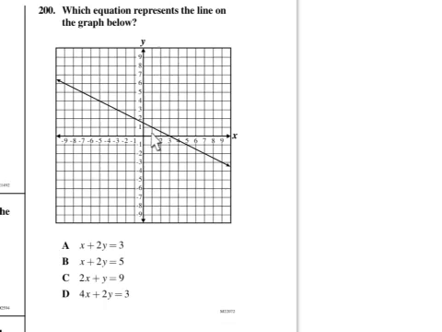Alright. If I want to see which of these gives me this line, what you could do is rewrite each of these so you get into y equals mx plus b form. You could rewrite all these as y equals. But for you, I've noticed it's kind of tough. So for me to tell you to rewrite all these into slope-intercept form would be a nightmare. Here's another way. Ready? I think it'll be easier.